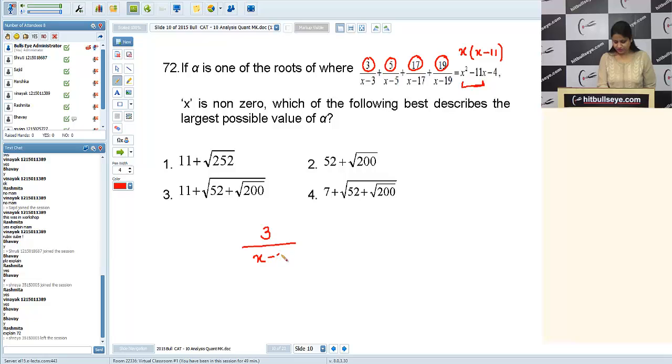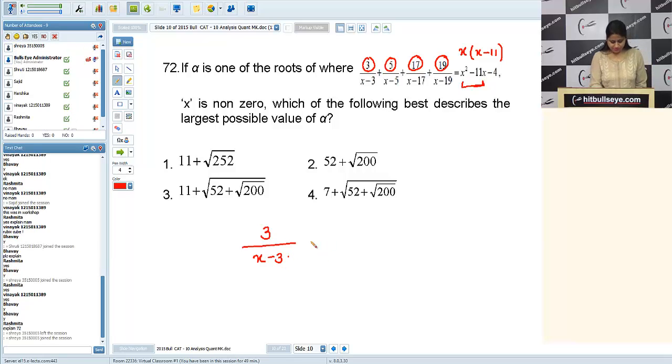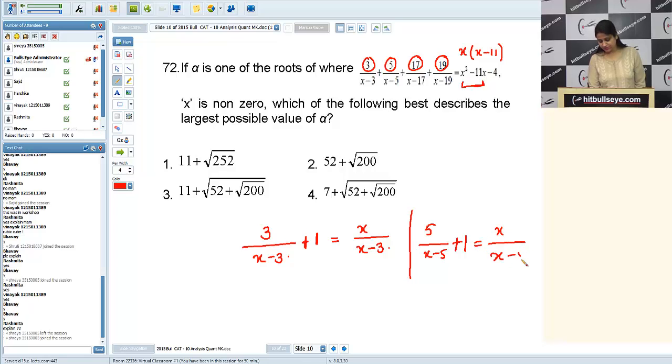That was a hit and trial only. If we take this minus 1 with it, we'll get x upon x minus 3. Is it okay? Plus 1 rather. We'll get x upon x minus 3. And if we add 1 to every term, we'll get x upon x minus 5. We are trying to relate them.